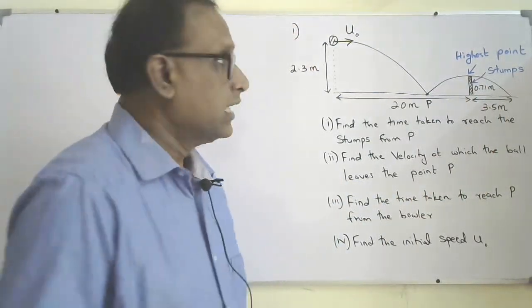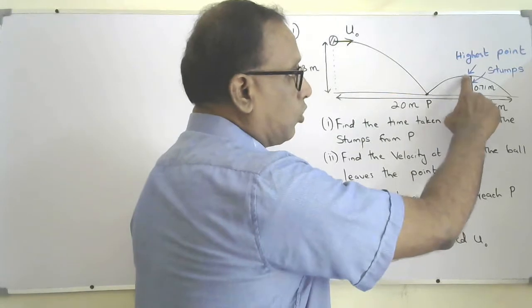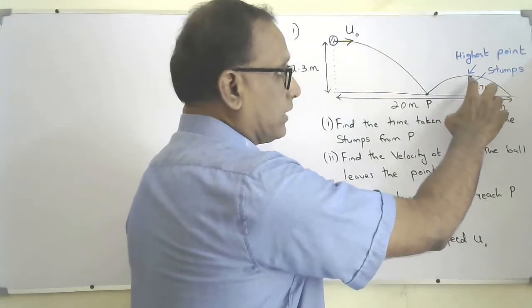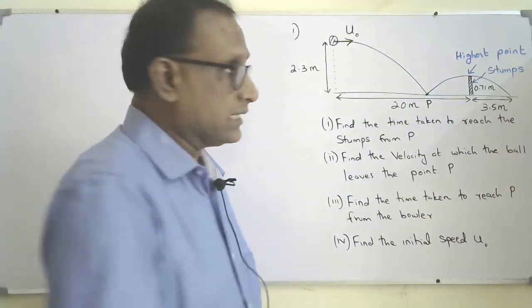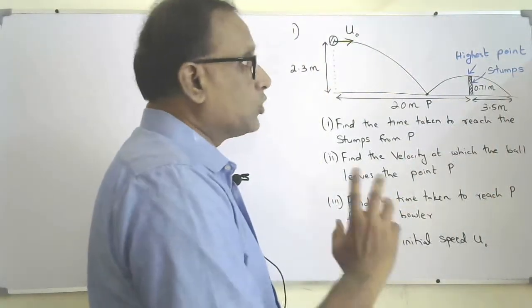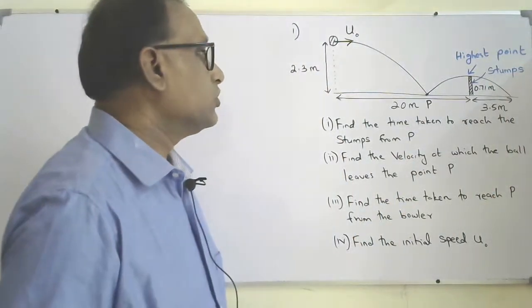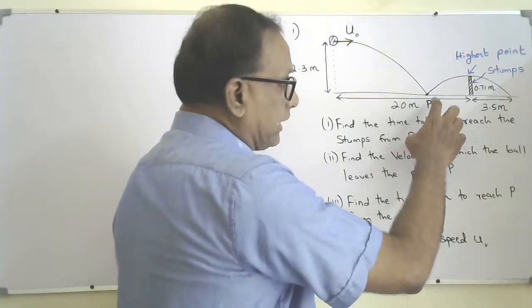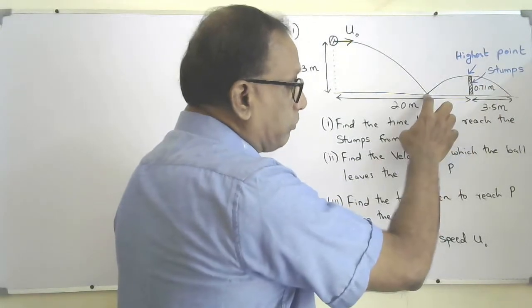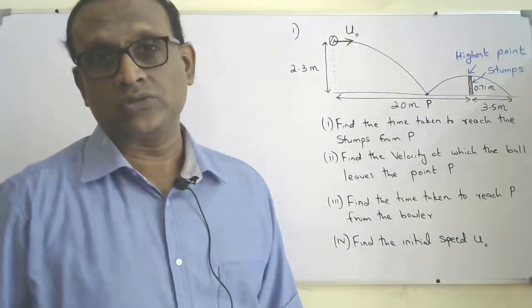That's the way the question says. The ball is just passing over the stumps horizontally and hits the ground at a distance of 3.5 meters from the stumps. So the first part, find the time taken to reach the stumps from P after hitting the ground.